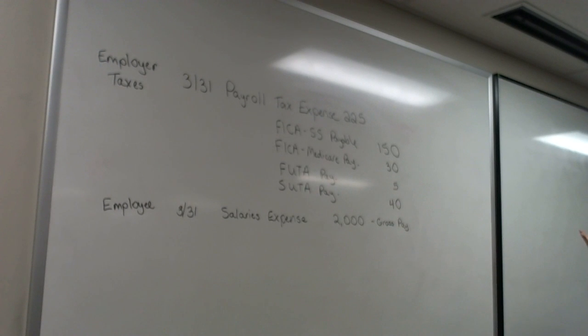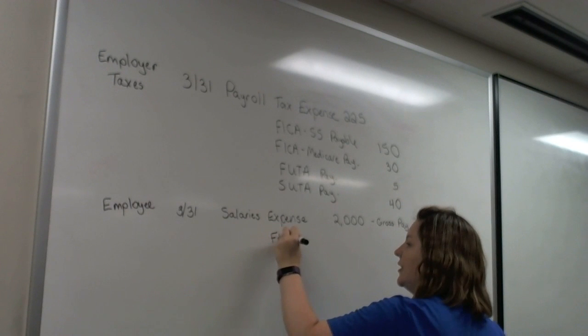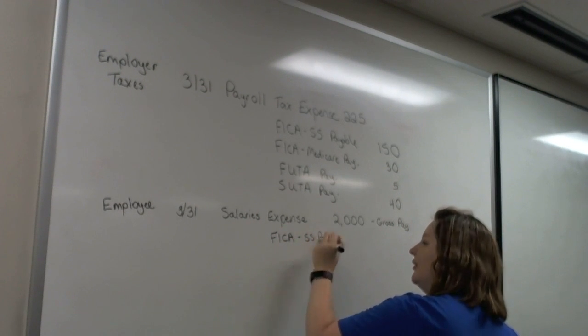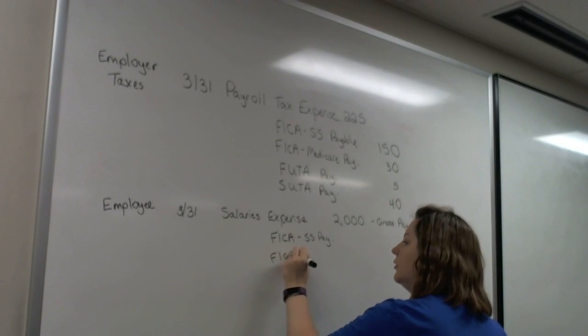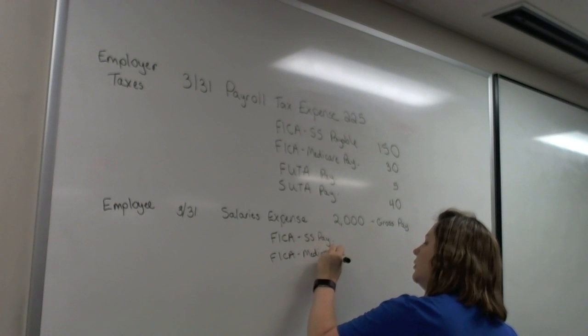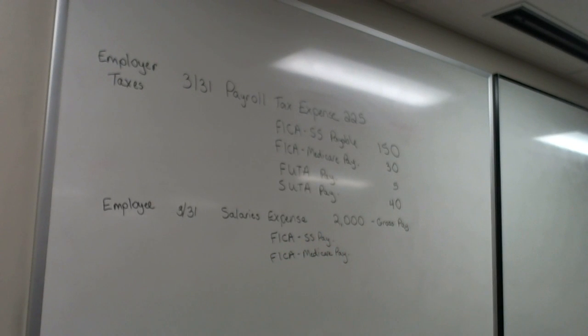They are also going to pay FICA Social Security and FICA Medicare, okay? Again, I didn't actually do them. I guess we could actually do the numbers. That way it's a little more accurate. These won't match up, but at least you'll get an idea.